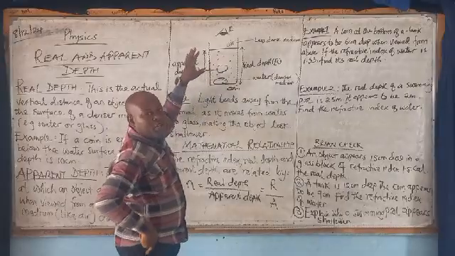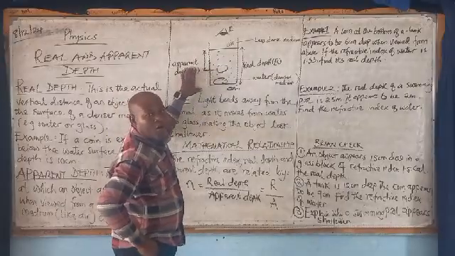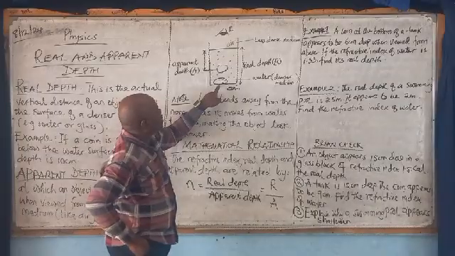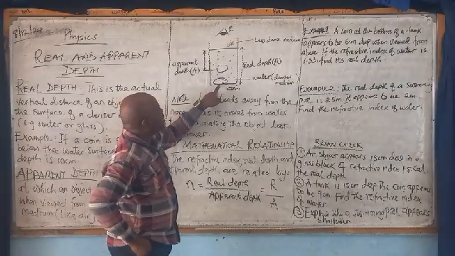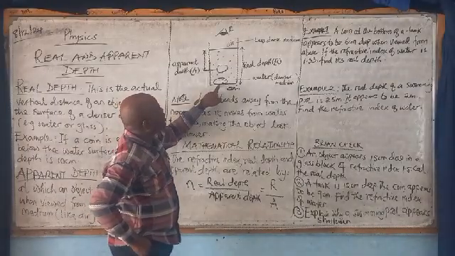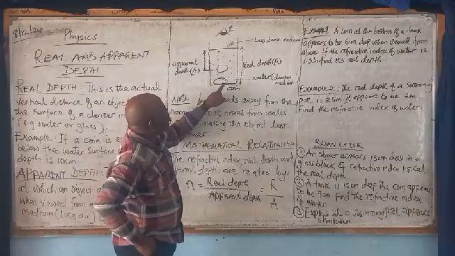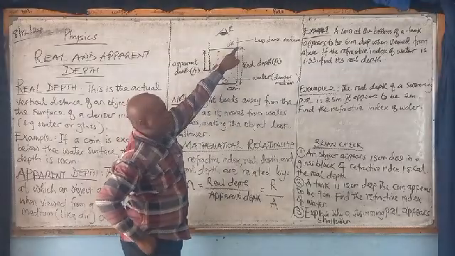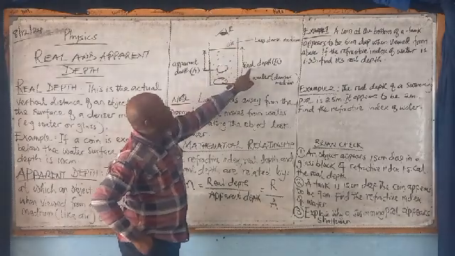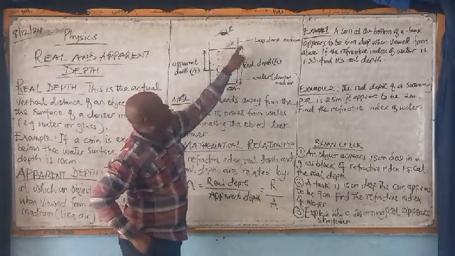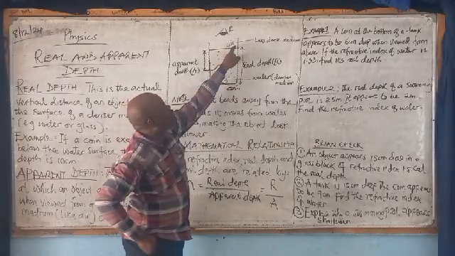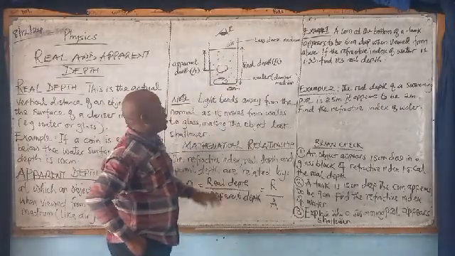Now, if you want to measure the real depth of any liquid, this is the object which is at the bottom. The distance of this object to the surface of the liquid is what we call the real depth. You can see the arrows.